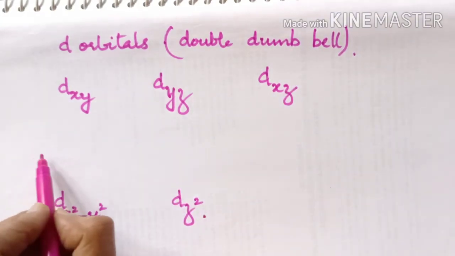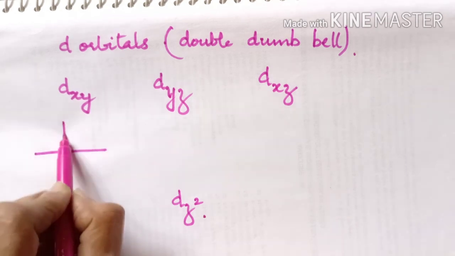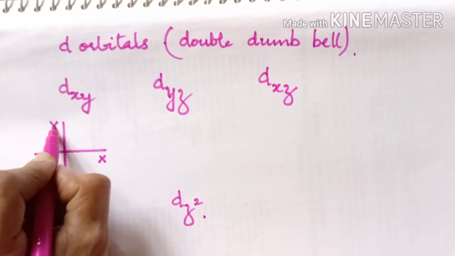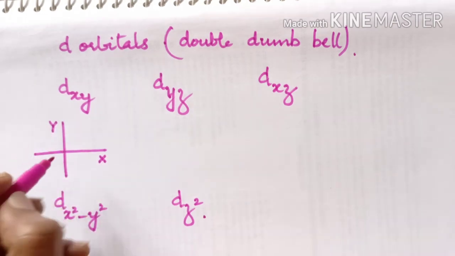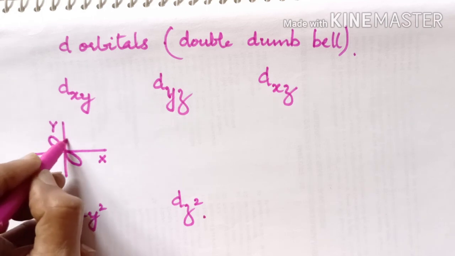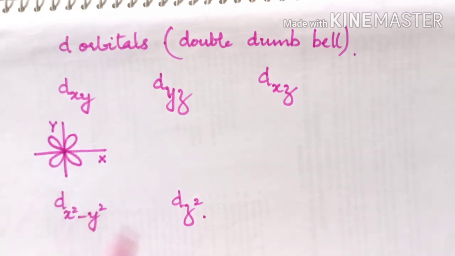If it is dxy, you find that the dumbbells will be arranged in between the axes x and y. So we have the shape like this.